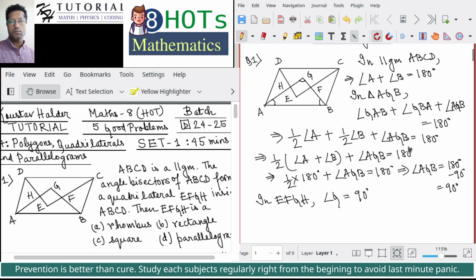Similarly, using the same concept, we will see that angle E will also be 90 degrees. So let's see.